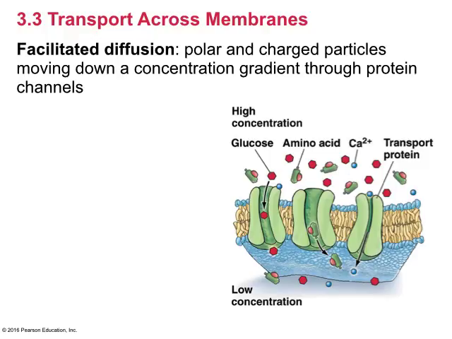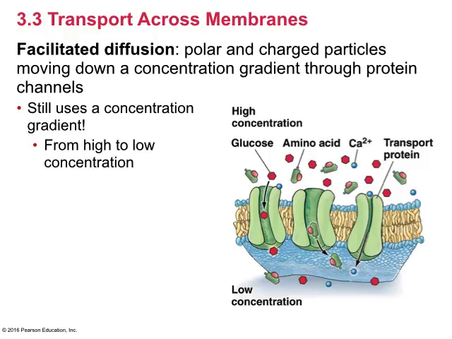Each transport protein is specific for a certain molecule, whether it be an amino acid or calcium ions, which you can see there as little blue balls, or glucose molecules, which you can see there as red hexagons. It's just important to note that this still uses a concentration gradient. This is still passive. There's no additional energy being given. You're just poking a hole through the membrane with this transport protein, and these molecules move down their concentration gradient. So this does not require ATP.